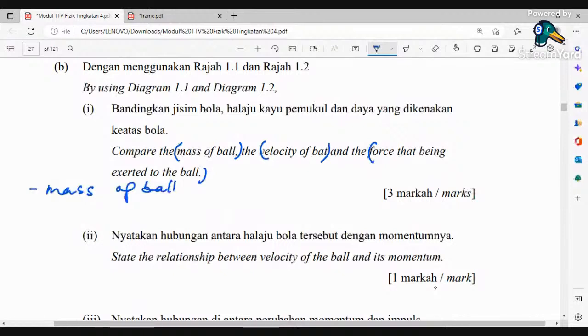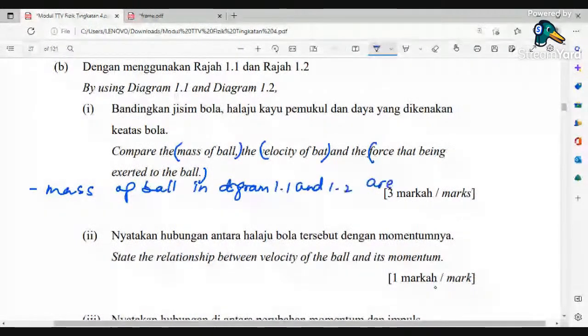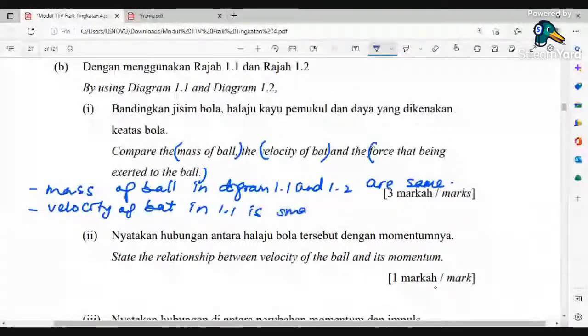Diagram 1.1. Okay, second, velocity of bat in 1.1 is smaller than in 1.2. Okay, next, force exerted on the ball.